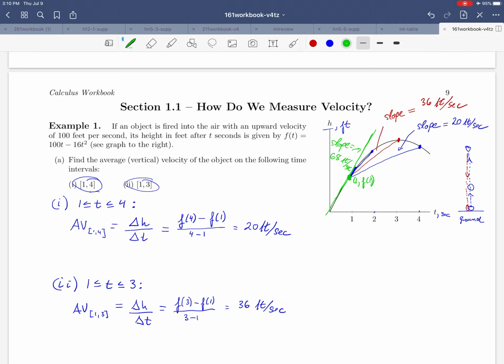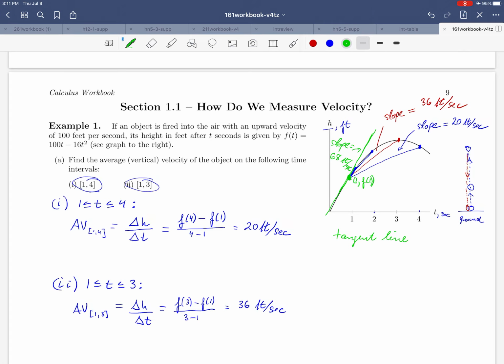A line that is created in this way is called a tangent line. It touches the graph right here at the point 1 and f of 1, but it doesn't go through a second point on the graph, which all the other secant lines do.